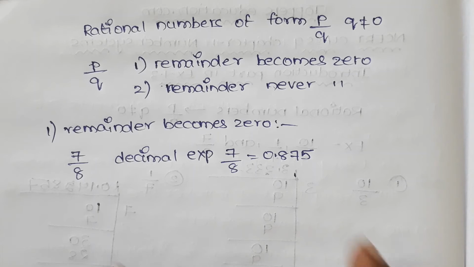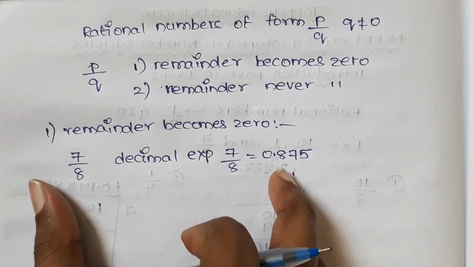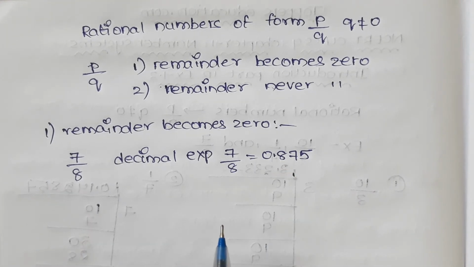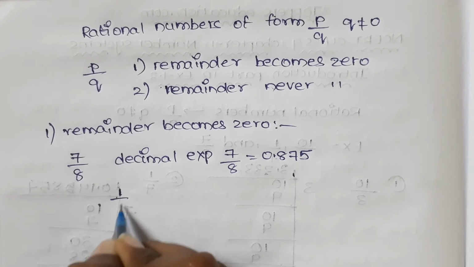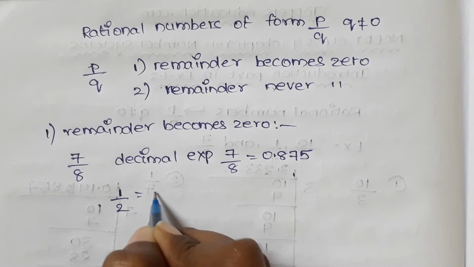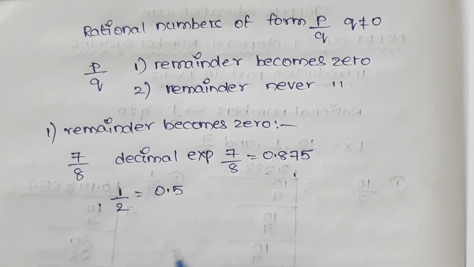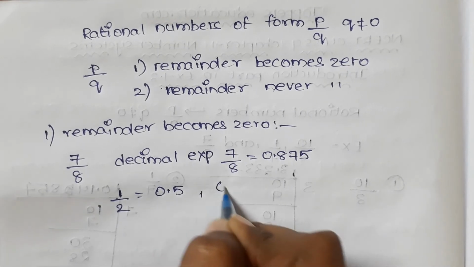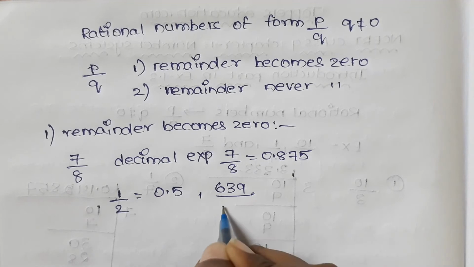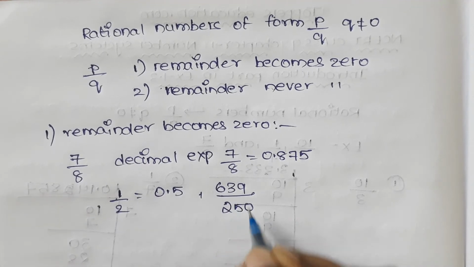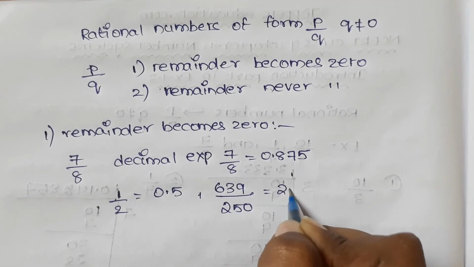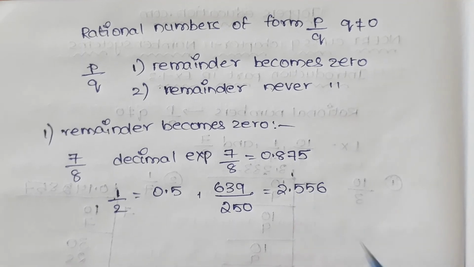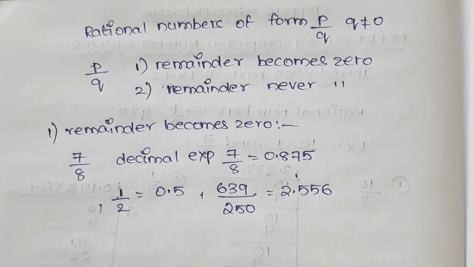Another example, 1 by 2 is 0.5. In this also we get remainder 0. Similarly, let us take 639 by 250. If we do this division, finally the remainder will be 0.